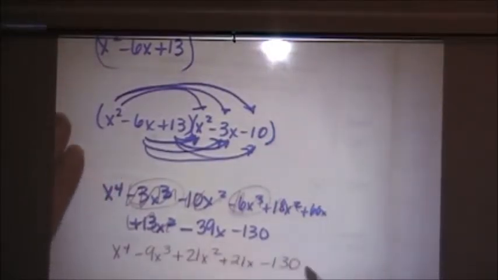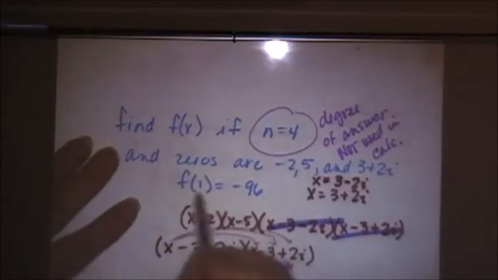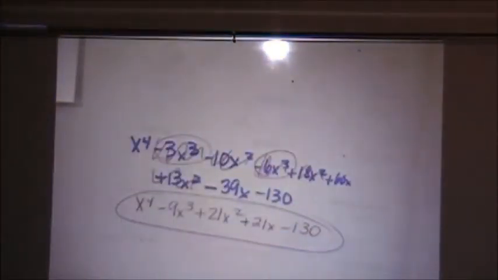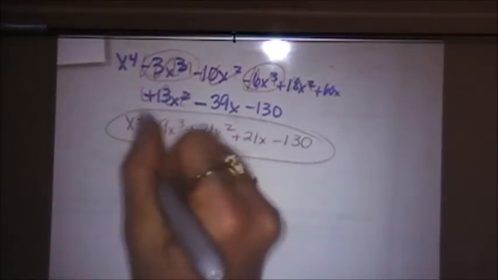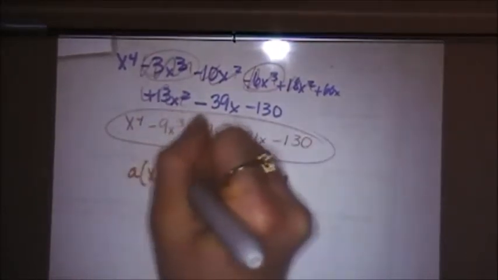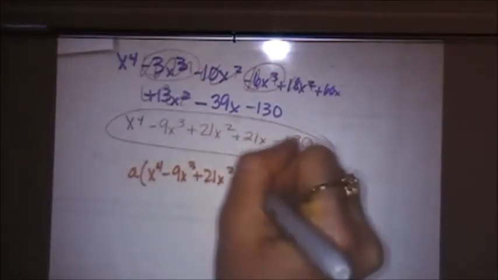All right, so now I have this long polynomial, but I still have to use this information. So I'm going to plug that in with that a value in front. So here we go. A times x to the fourth minus 9x to the third plus 21x squared plus 21x minus 130.